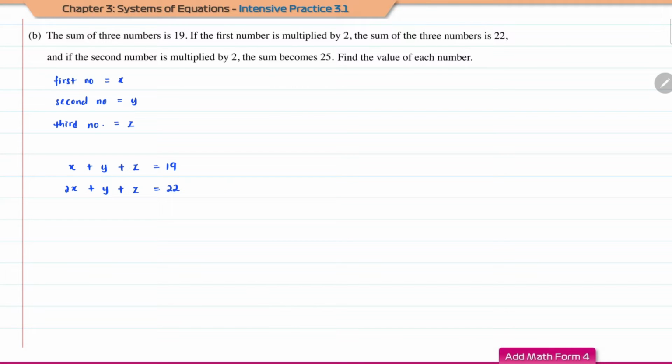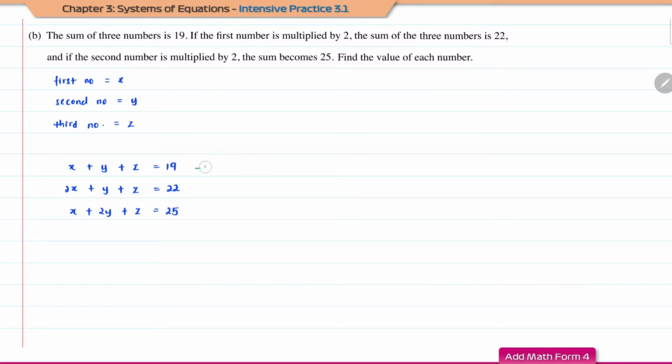The third one, if the second number, which is y, is multiplied by 2, therefore you're going to have 2y, the sum becomes 25, which means x plus 2y plus z equals 25.